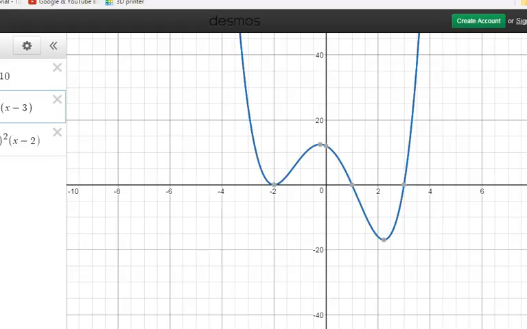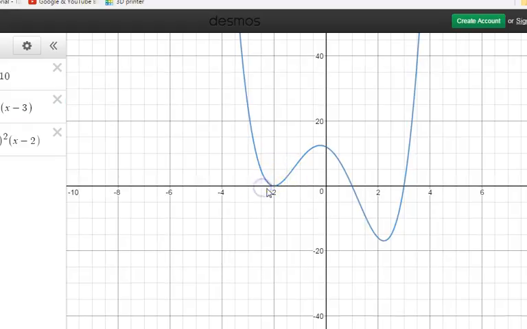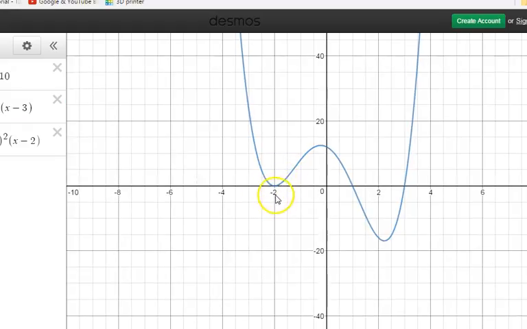When we look at this graph in Desmos, we can see that we have a zero of multiplicity 2 at x equals negative 2. So this must be, for (x + 2) squared, a zero of multiplicity 1 at x equals 1, and a zero of multiplicity 1 at x equals 3.